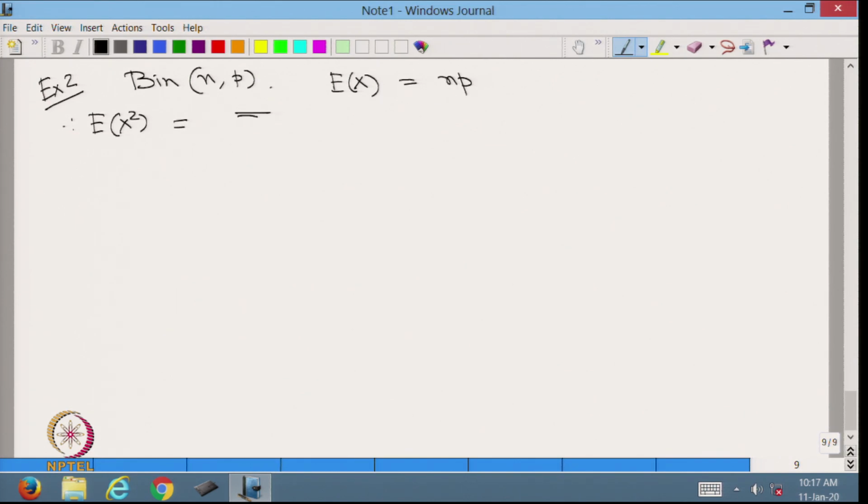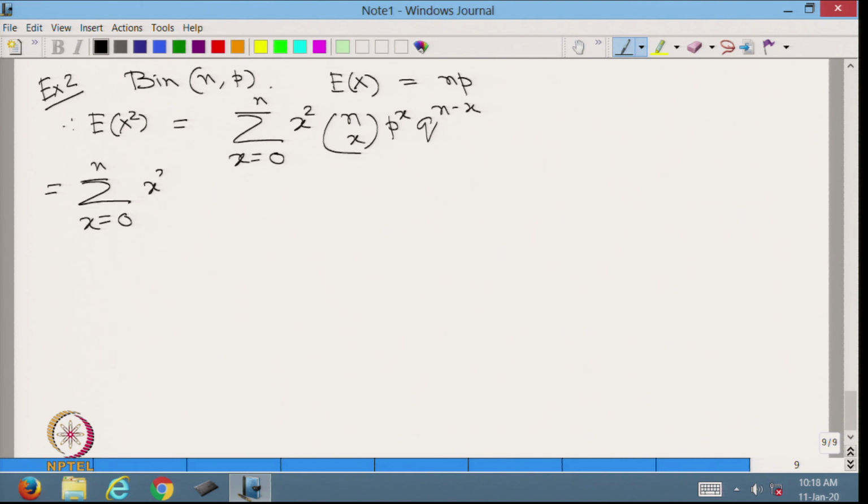This is sigma over x equals 0 to n of x square times n choose x p to the power x q to the power n minus x, which is equal to sigma over x equals 0 to n of x square times factorial n upon factorial x factorial n minus x, p to the power x q to the power n minus x.